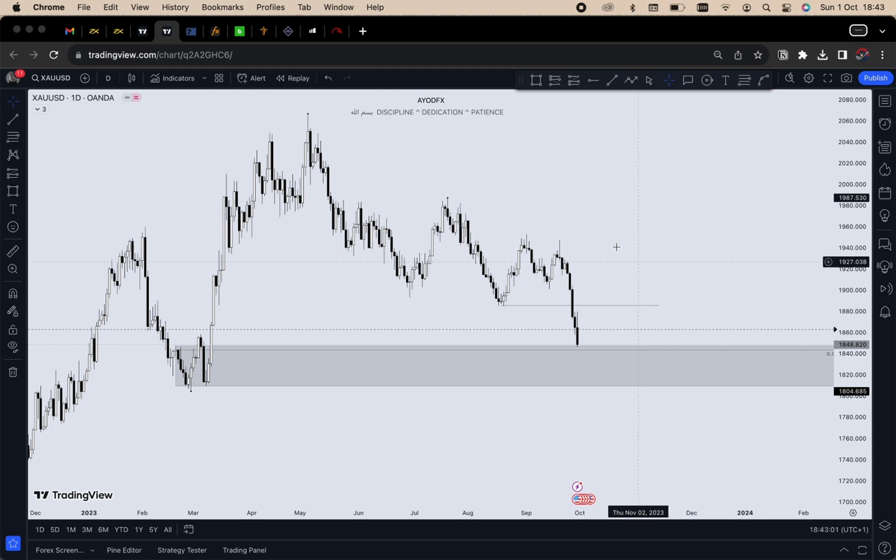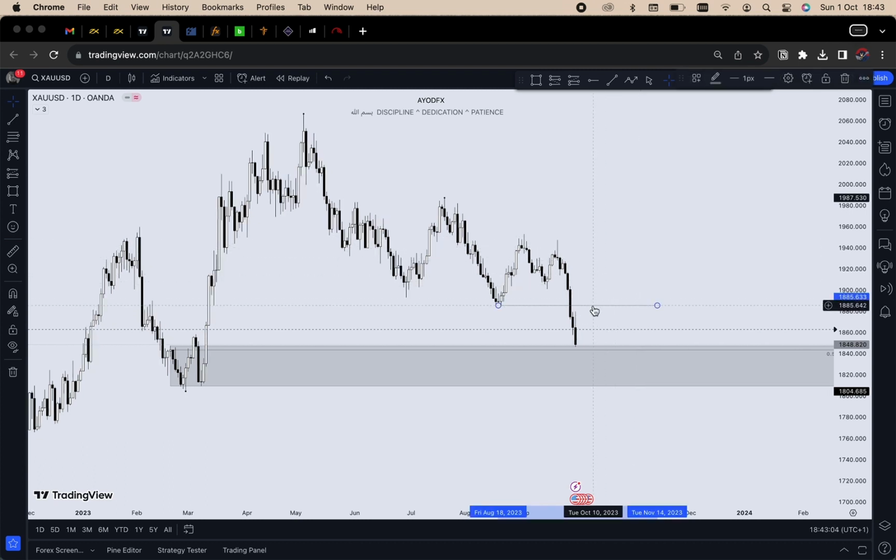So personally, this level will be a level where I might be stopping my buys if I am going to take the buy positions from here. You can open your chart, mark up these same levels that I'm marking, and wait for the price to react from this demand zone and target this level.